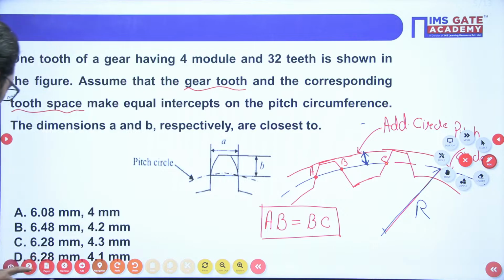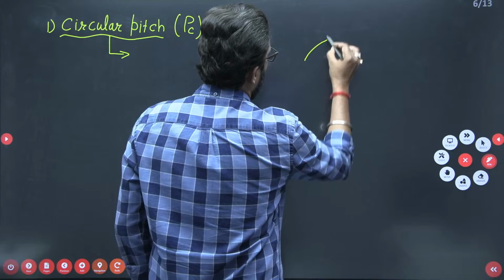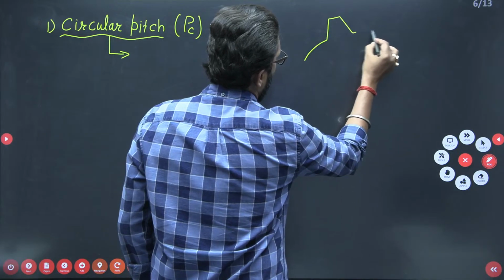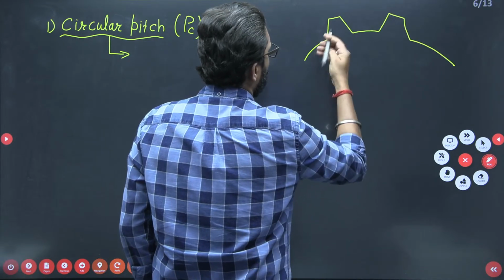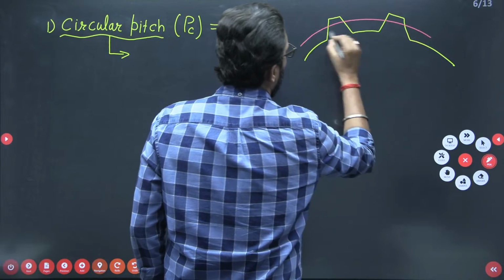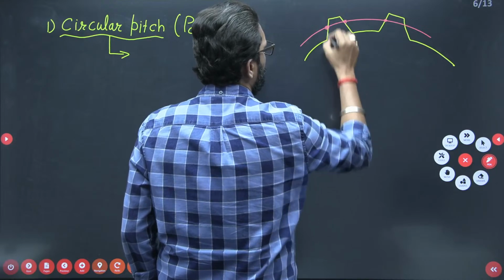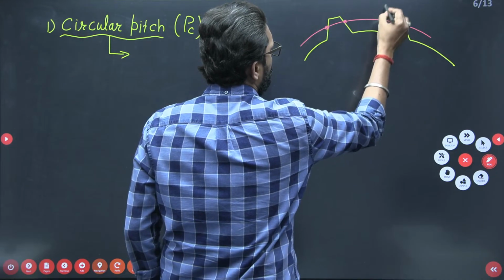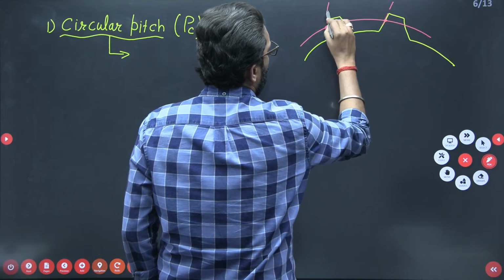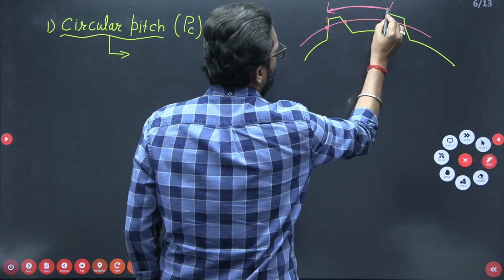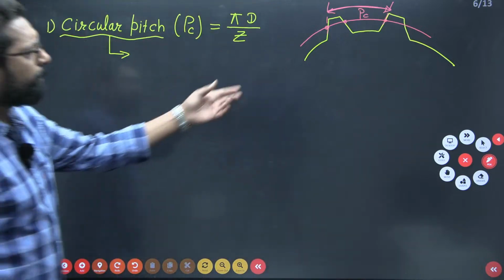So if you measure this distance, this one, this is your circular pitch, PC.